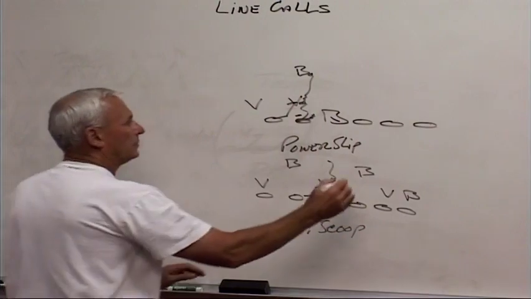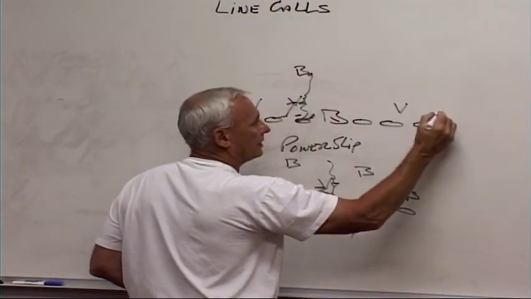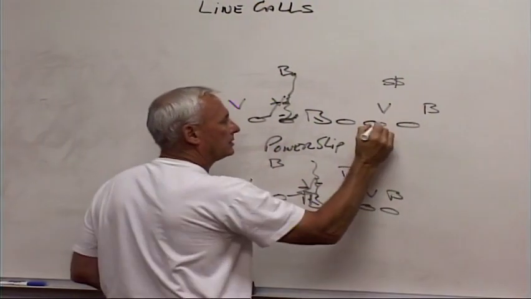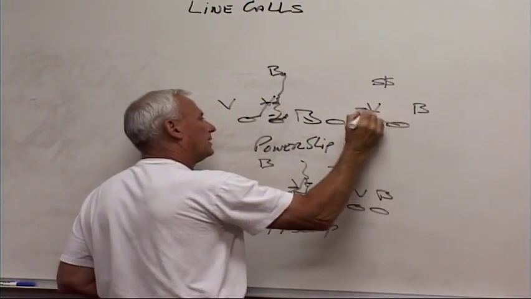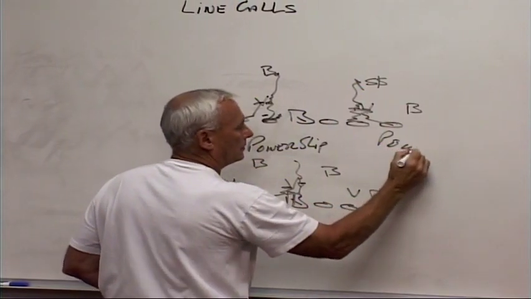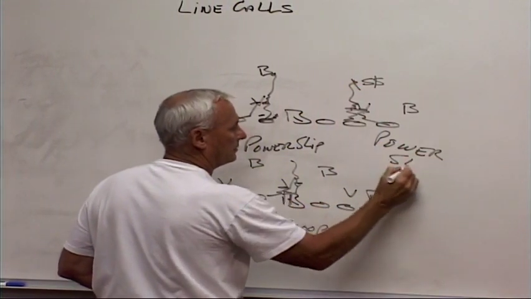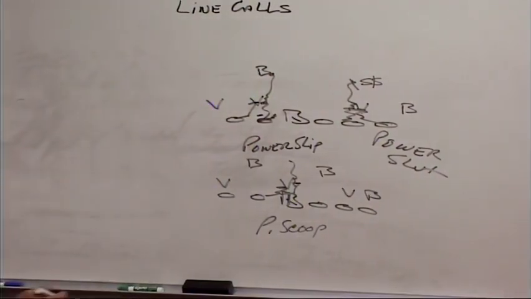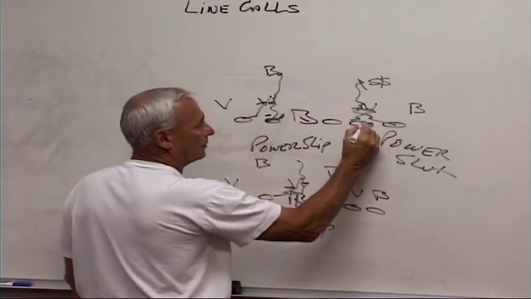Or like I said, on the back side, you got this, you got a wide backer, and you got a strong safety down the box. The tackle will come off, work that, tight ends in, work that, and we'll work a power slut. Okay? So that's how we work.